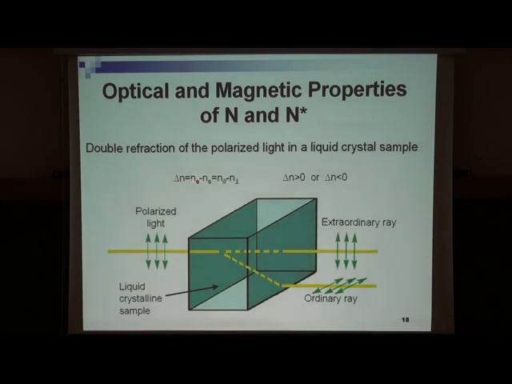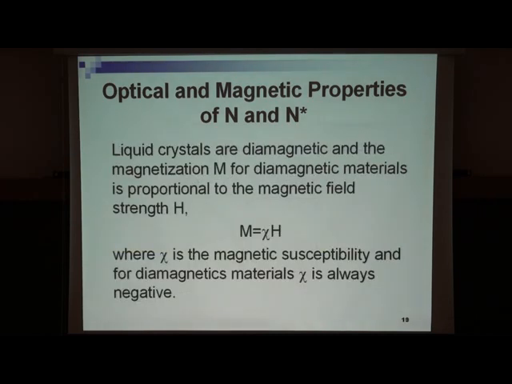The extraordinary ray is parallel to the incoming polarized light, and the ordinary is perpendicular to it. The difference between the 2 rays is called double refraction or birefringence, and it is very important for the nematic phases.